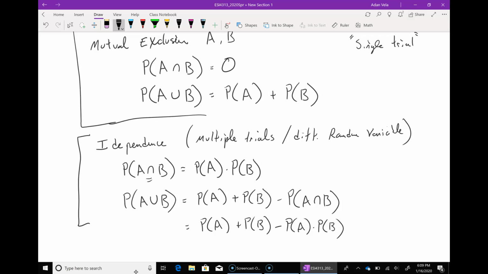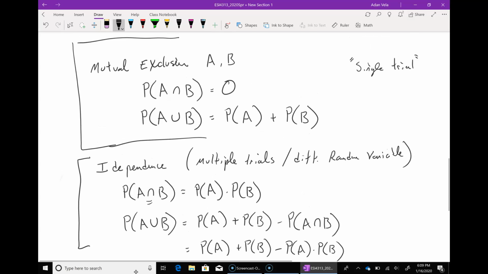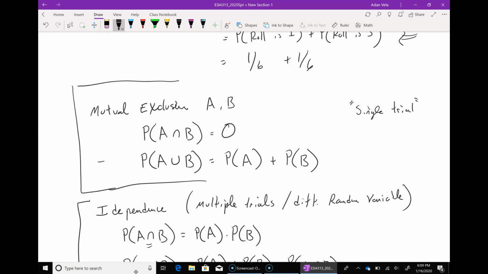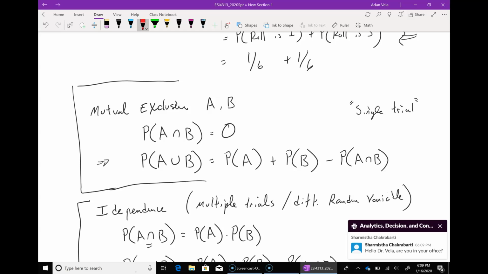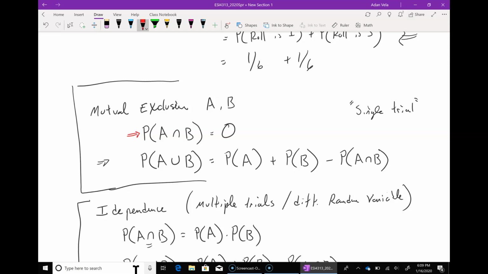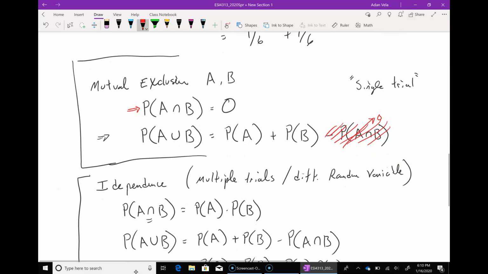Okay, it doesn't really help us too much. Now, the same thing actually happened in this mutually exclusive event, right? Because the OR condition always has minus the probability of A and B, okay? The issue is, however, we know that the probability of A and B is equal to 0. So this is equal to 0, so usually we don't even worry about it. And that's why the union of A and B for mutually exclusive events is just the probability of A plus the probability of B. All right.